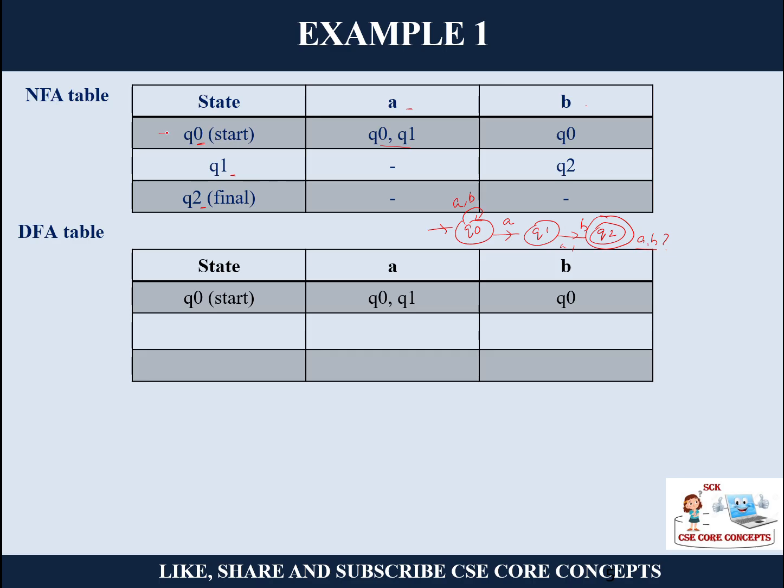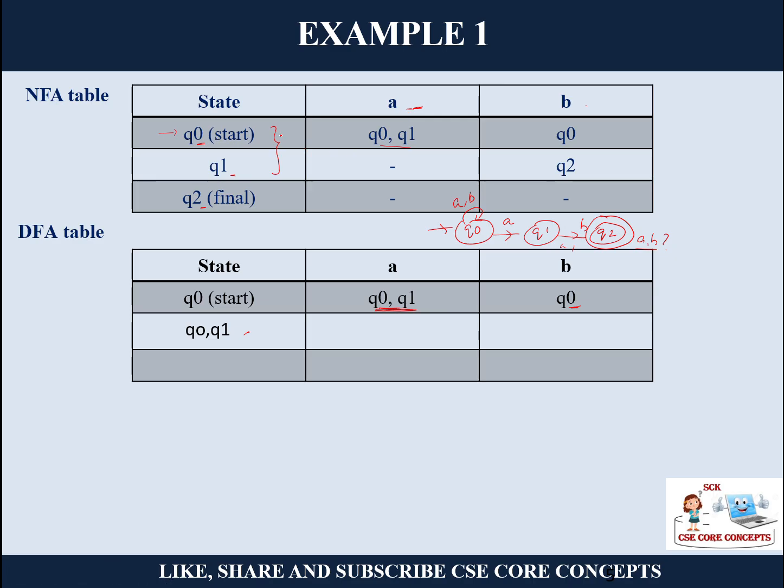First, you copy the first row as it is. The first row will remain the same. Now you take this, what are the possible transitions? The possible transition is Q0, Q1, so make it the next state, Q0, Q1. Now with Q0, Q1, you have to see these two combined on A, where are you heading to?